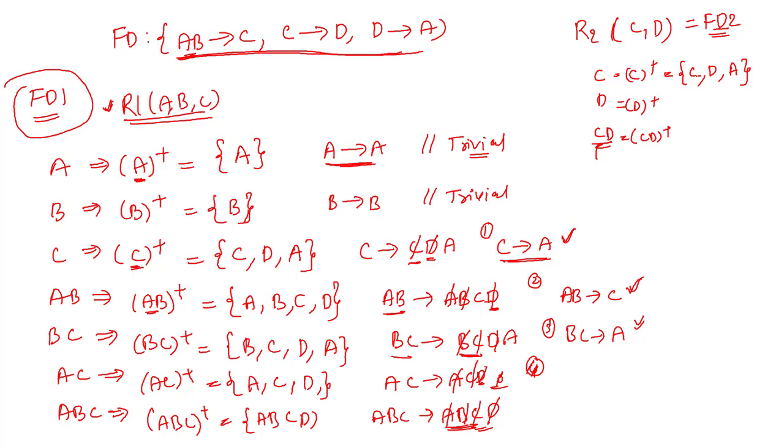C, D, A. And from this I can say C implies CDA. C is a trivial attribute. A is not part of the relation. So we can say C implies D. C implies D. But here see, D is a part of this R2, right? This is one functional dependency I got. Assume this is 4.